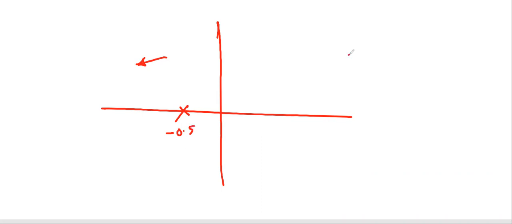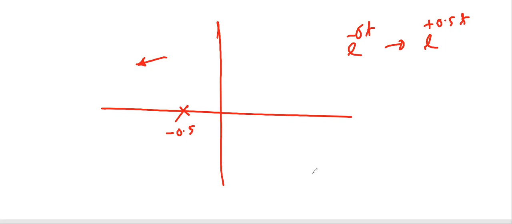In that case, we have e to the power minus sigma t. This belongs to e to the power minus 0.5t. So you are getting some sense of how the signal is related to your stability.